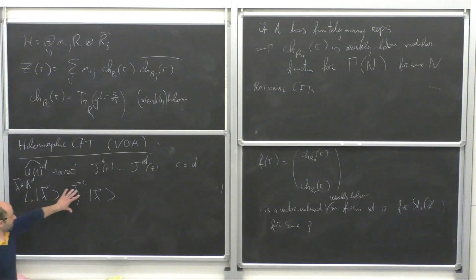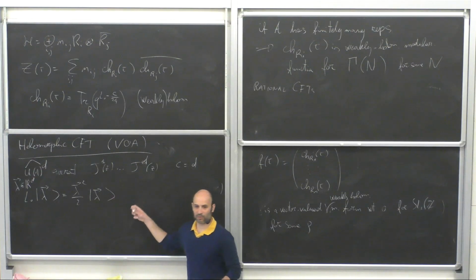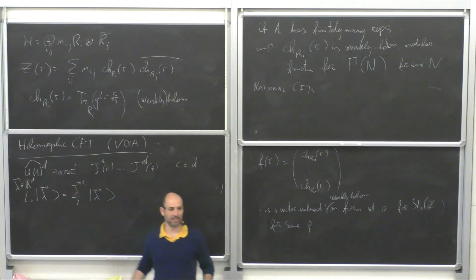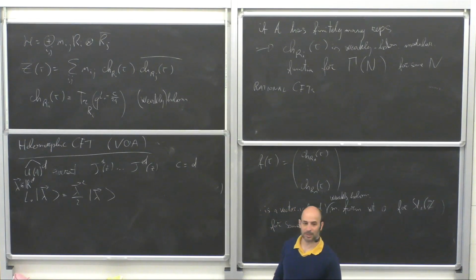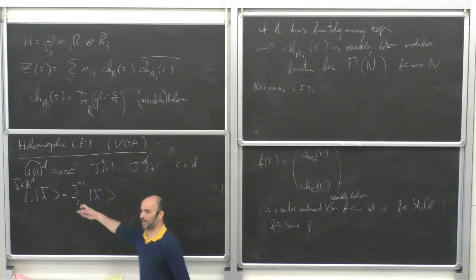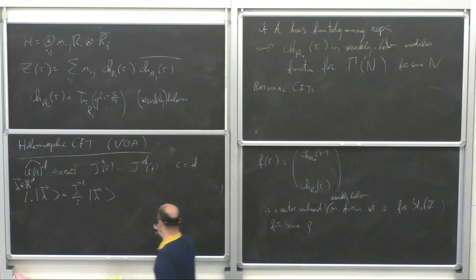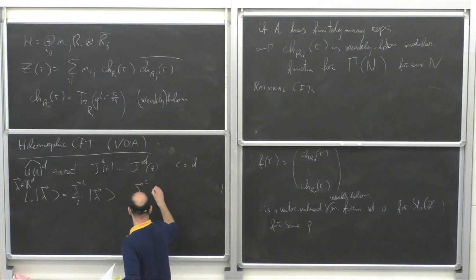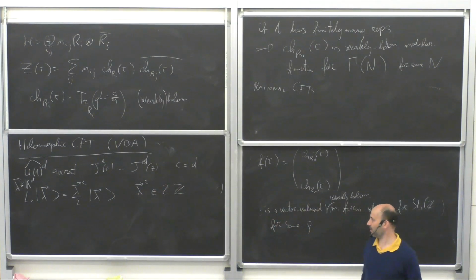Now, I don't want to tensor it with anything else on the anti-holomorphic side. So this better be an integer. I have the constraint from modular invariance of the partition function that h minus h-bar must be an integer. h-bar I want to be 0, so h must be an integer. I'm looking at bosonic things. So I want lambda squared to be an even number.